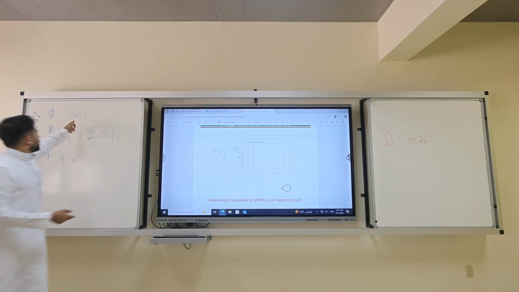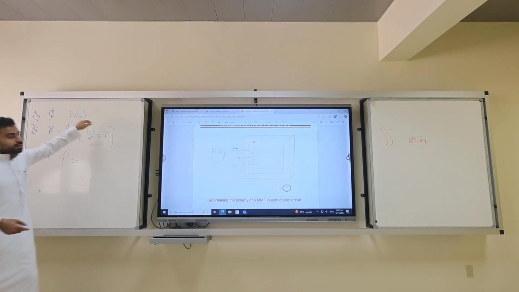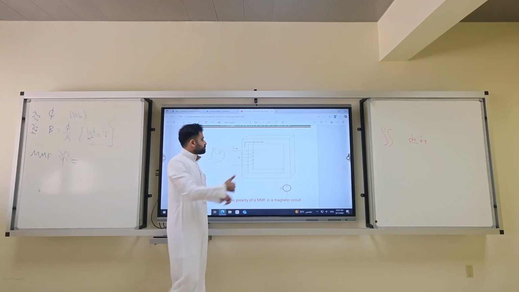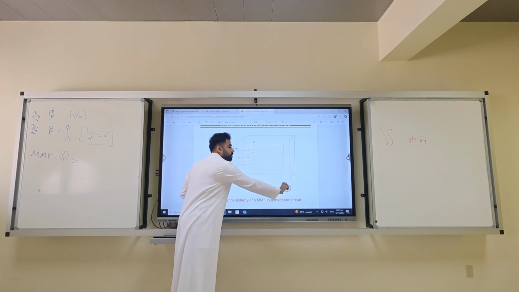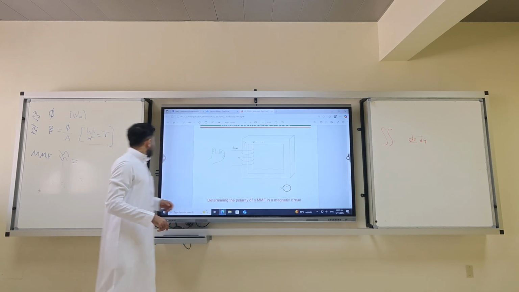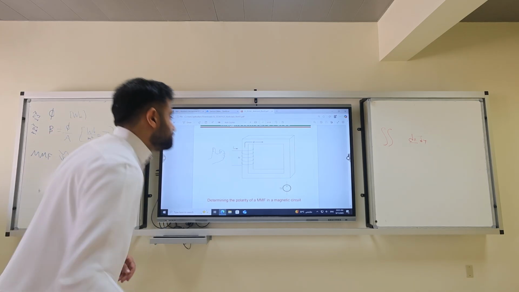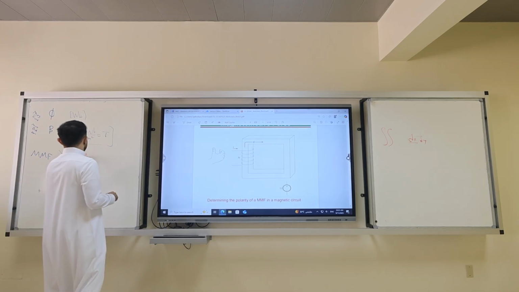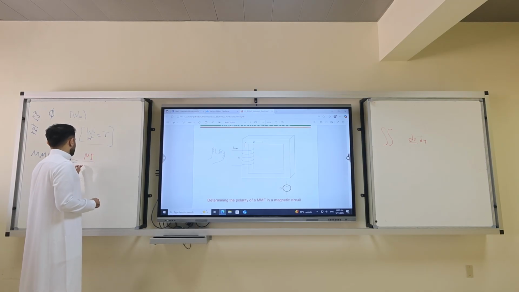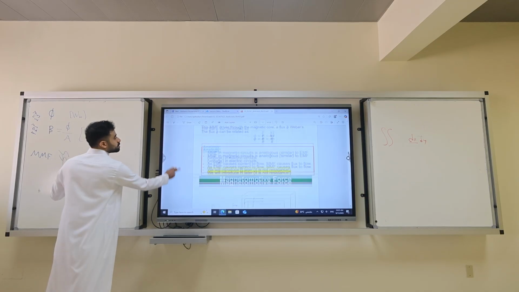Measured in Weber. What is this? MMF, measured in amps per turn. So what did we say? It's Ni over reluctance.